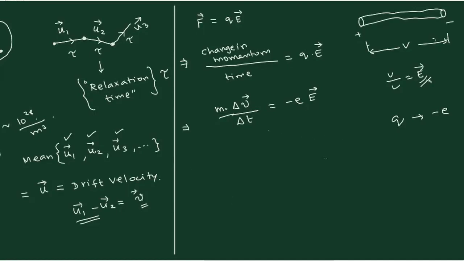Once this is clear, from here you can calculate delta V. So delta V equals minus E, the electric field, into delta T divided by M. This gives you the average momentum transfer for every collision.